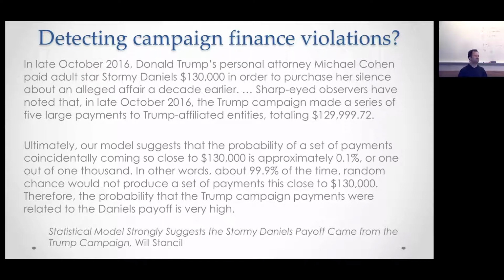And so then this person did an analysis, and what they did was the same sort of randomization technique, right? They said the null hypothesis is these are just random payments, and they generated instances of the null hypothesis by randomly sampling from all of the payments in the previous month or so. They asked how often, if I randomly sample 10 payments, do I get a bunch of them that get to near 130,000.